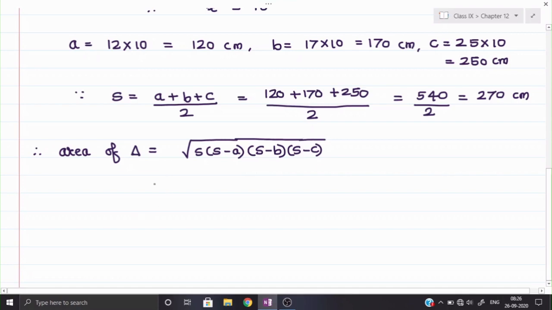Okay, let us proceed further. Now put in the values of s, a, b and c.